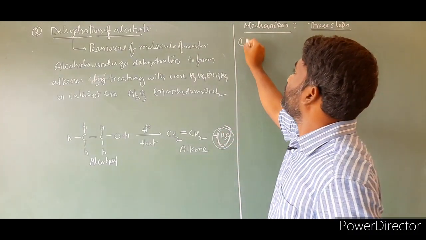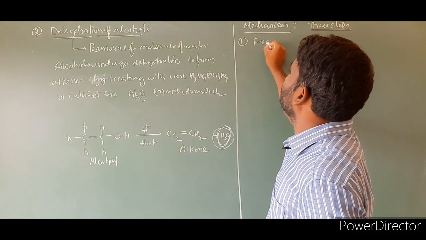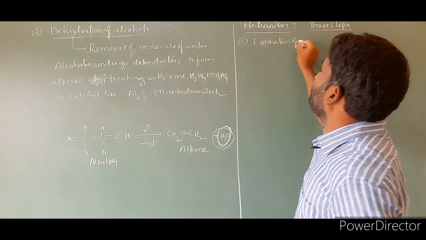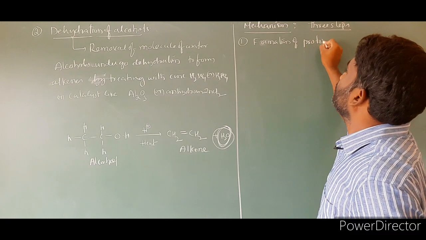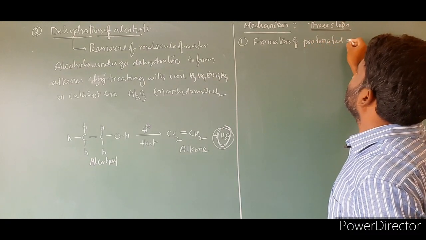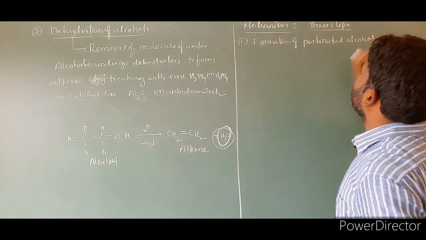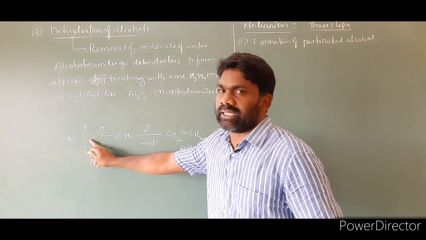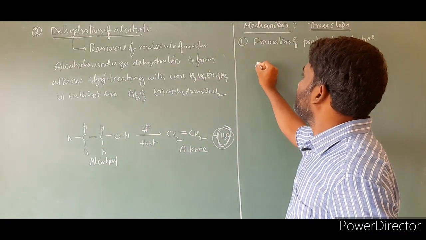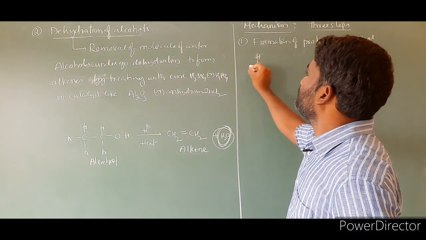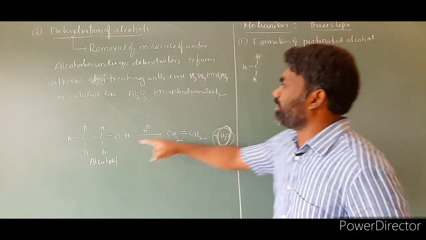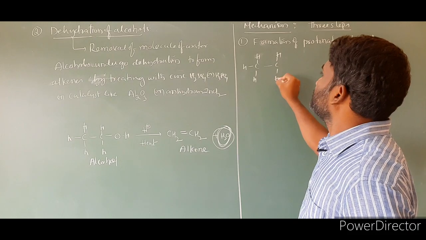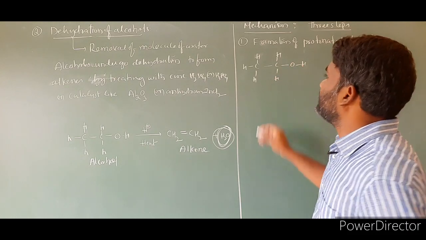Step number 1, formation of protonated alcohol. I'm taking this reaction here, CH, this is the second hydrogen, this is the third hydrogen present on this carbon, and I'm taking the second carbon, and this is OH. This is the alcohol.